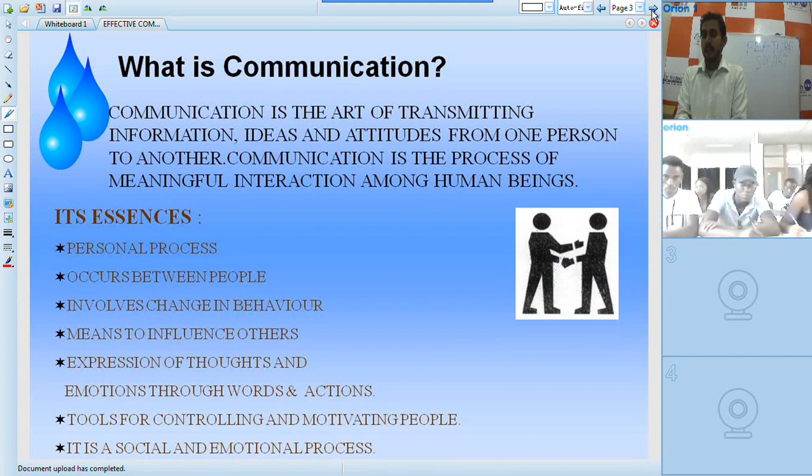Suppose a group of people are working or communicating for a goal-oriented process in a workplace, then it comes to group communication.